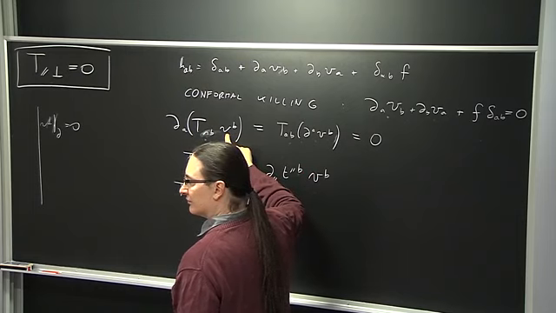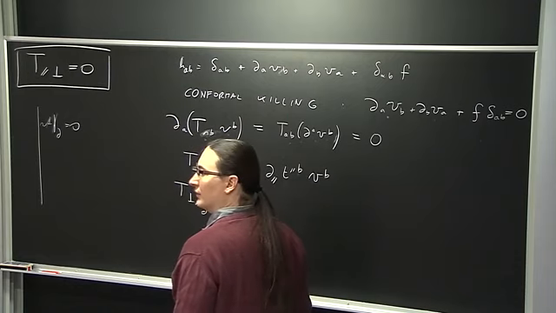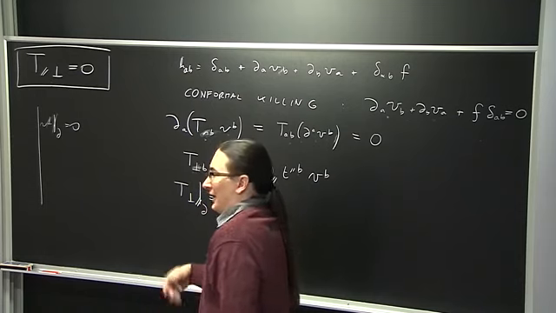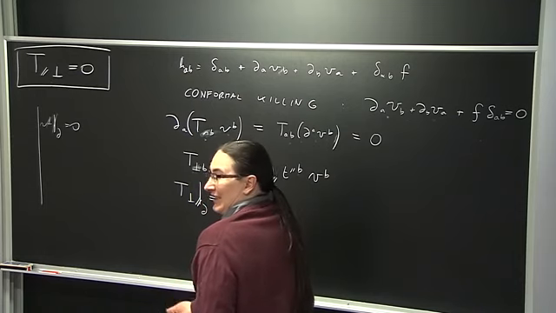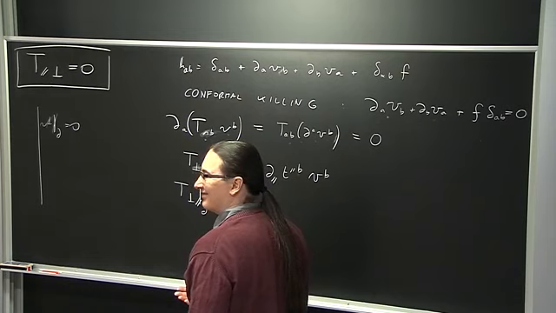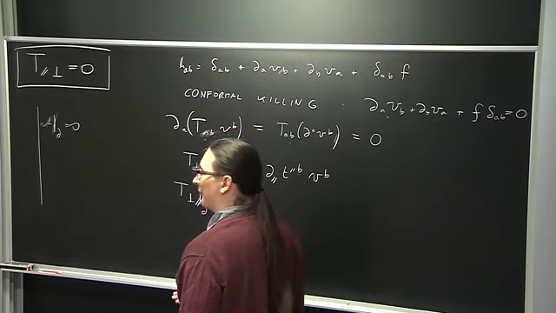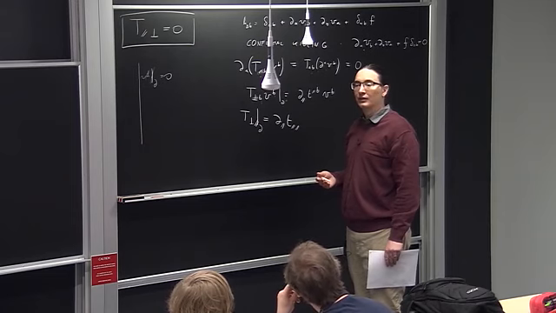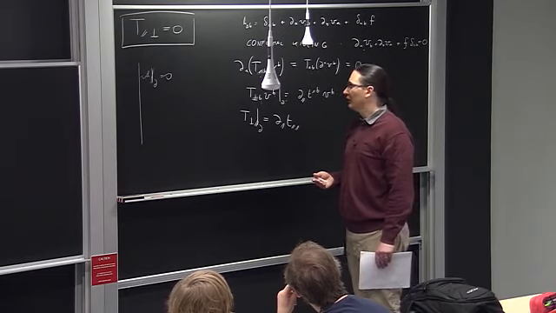Why do you want the normal? Why is that the condition we want? Well, I want it to be a total derivative. If it vanishes, it's in particular a total derivative. Why do you want it to be a total derivative?